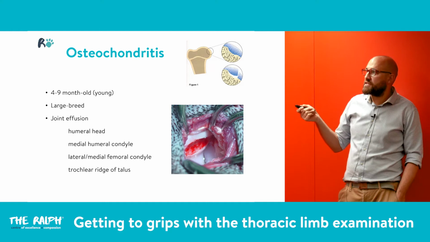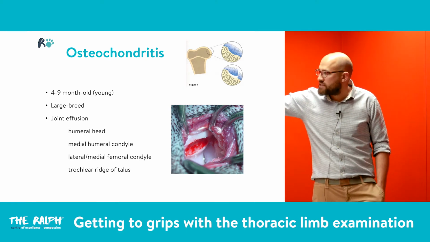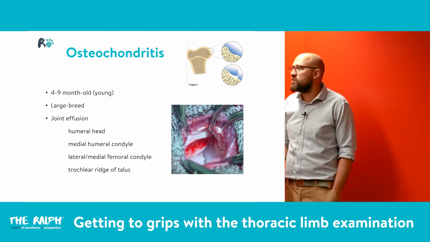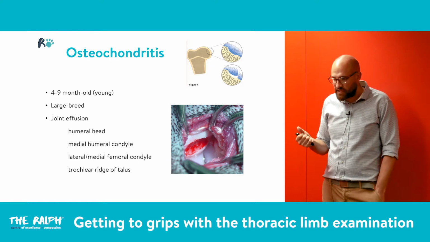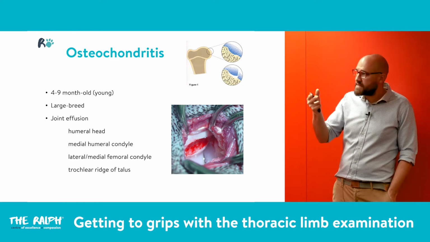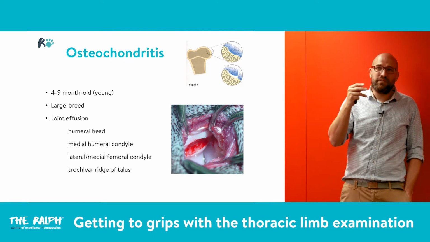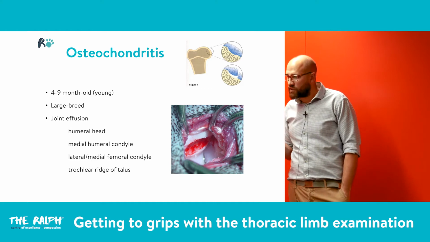OCD, osteochondritis dissecans. Usually you call it dissecans once the flap has come off the bone. We usually see it affecting the medial humeral condyle on the humeral head, and then usually in the stifle and the hock. These are the most common locations.